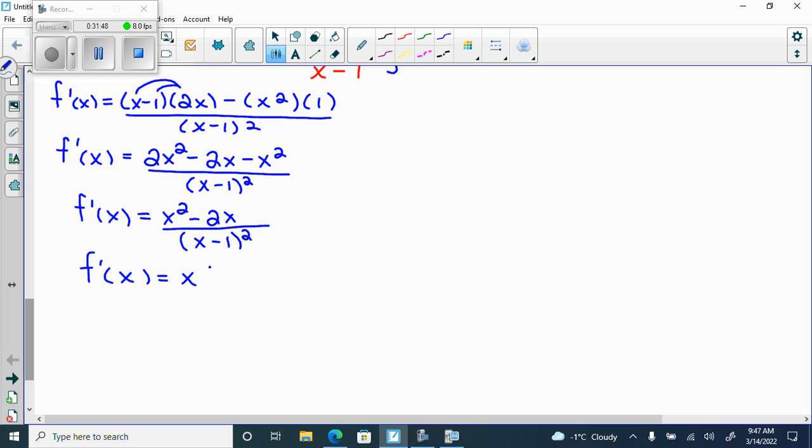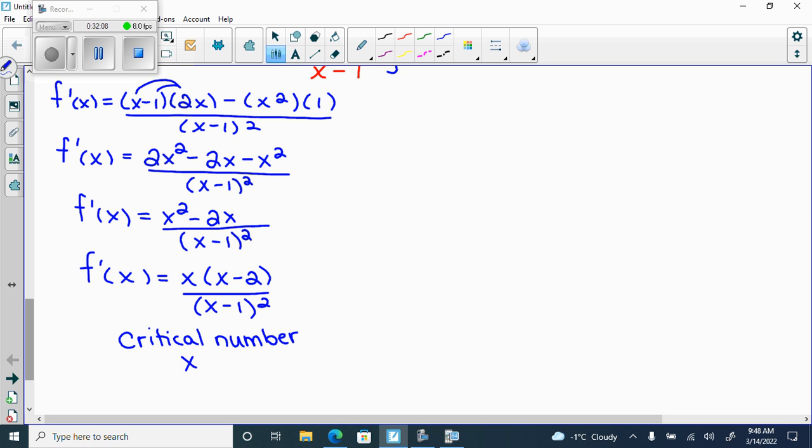So here we're going to take an x out. We're left with x minus 2, x minus 1 squared. Even though on the first derivative this is going to be an asymptote, it's still a critical number of the first. A critical number on the first could be an asymptote.